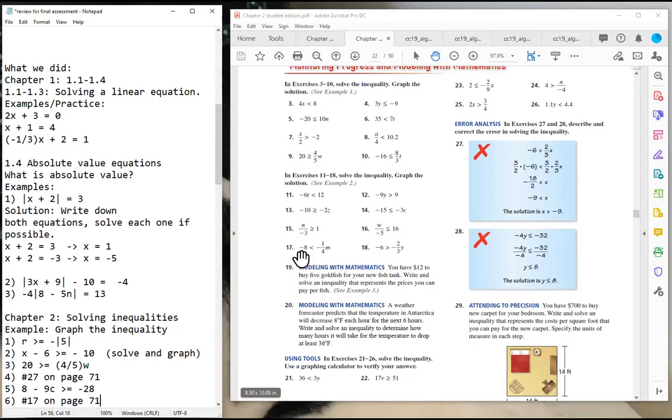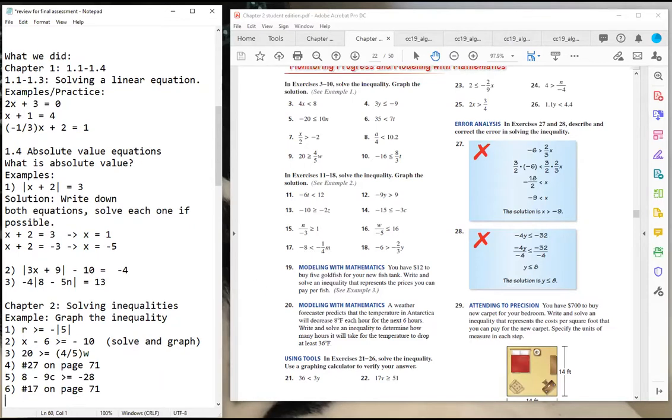But then I have to switch the inequality. So multiplying both sides by -4, -4 times -8 is 32. Instead of less than, it would be bigger than m. Is the solution there. So I'll just leave that there for you.